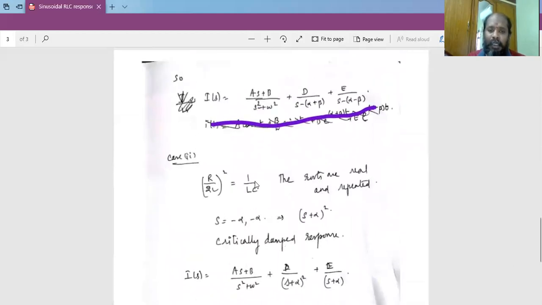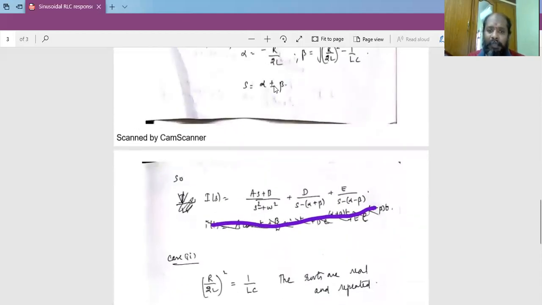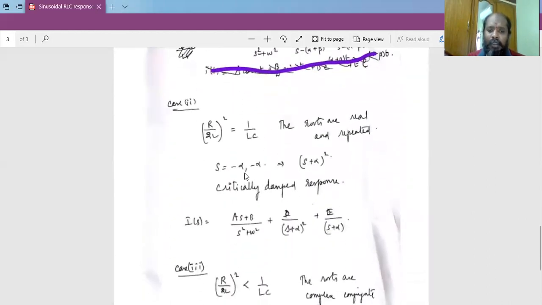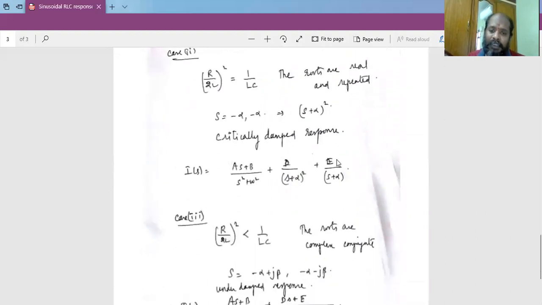Let us say if it is alpha plus or minus beta, then you will get minus alpha, minus alpha. Or if s is equal to alpha, you will get s minus alpha the whole square, whatever it is. So this is going to be the factor. The roots will be real and repeated. So how do we take partial fractions for a repeated root?